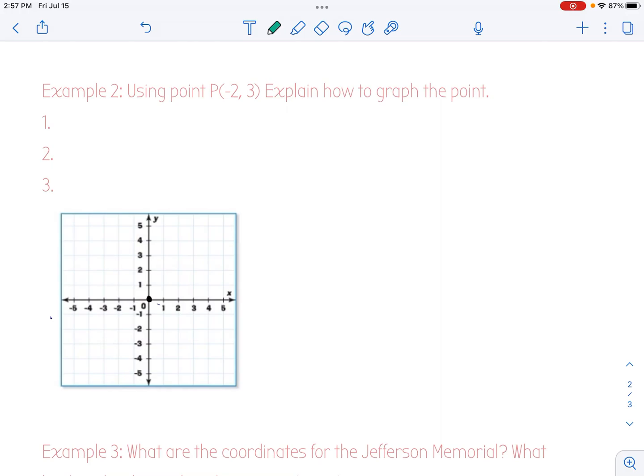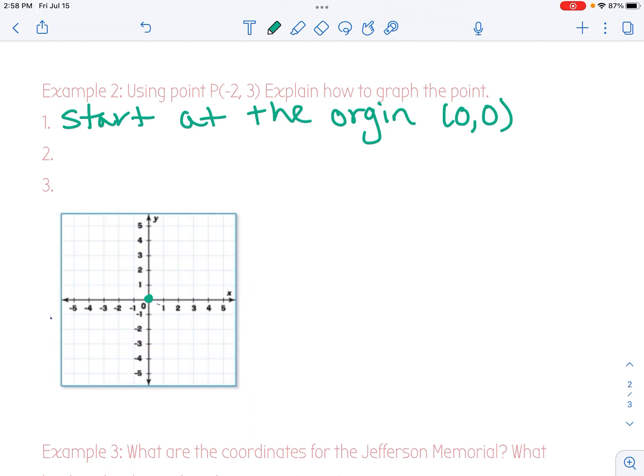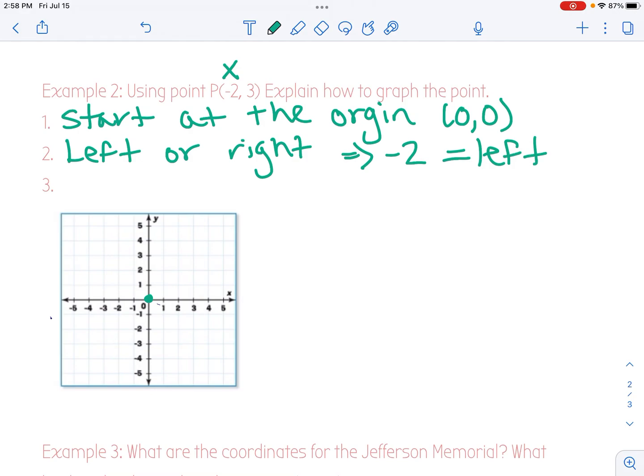Using point P, (-2, 3), explain how to graph this point. So step 1, we always want to start at the origin. So start at (0, 0). Then we are going to look at going left or right, depending on what our x is. In this case, our x is negative 2, and for negative 2 we need to go to the left.